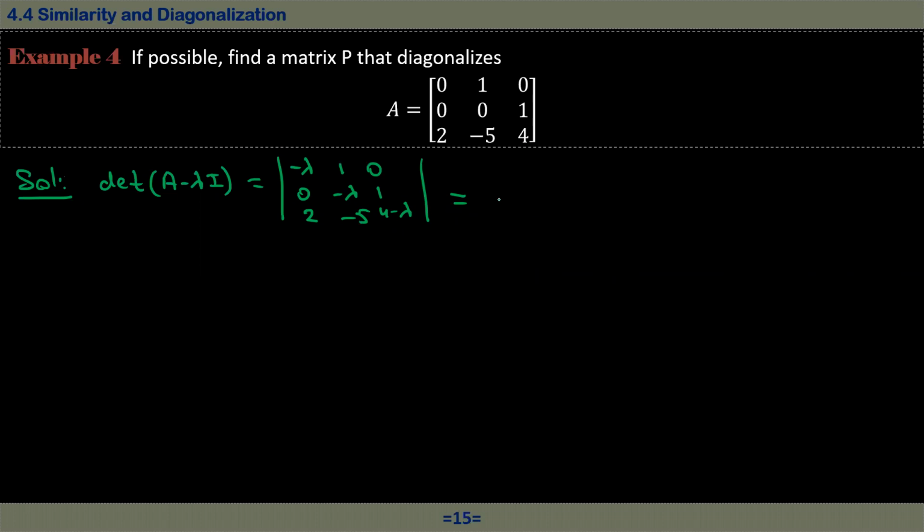Here we have minus lambda along the first column, right? If you just delete the first column and the first row, here we have minus lambda, 1, minus 5, 4, minus lambda. And the second one is 0, it is plus, minus, plus.